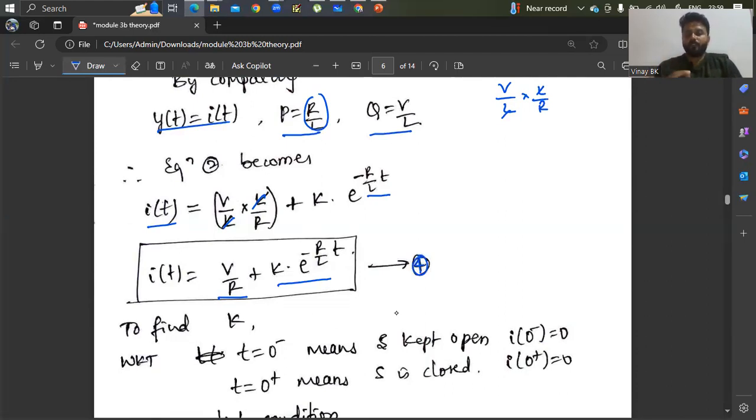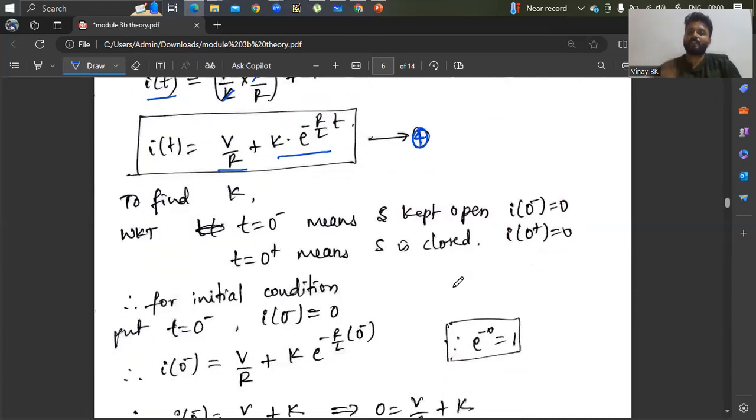Now you need to find the value of this constant k. To find the value of constant k, you know the condition before closing the switch, that is when t equals to 0. So now the switch condition will be like this at t equals to 0. When t equals to 0 minus, switch is open, not closed, and when t equals to 0 plus, switch is closed.